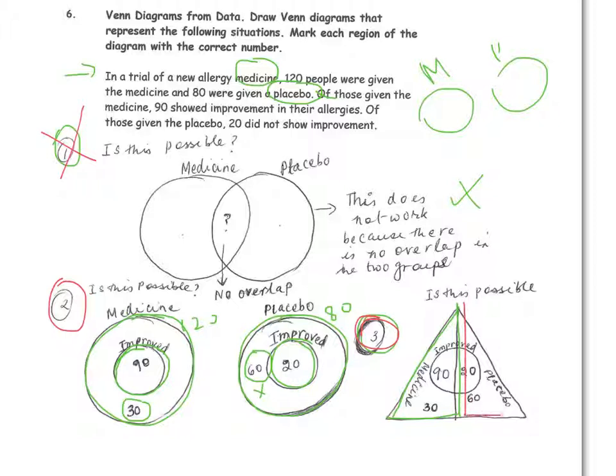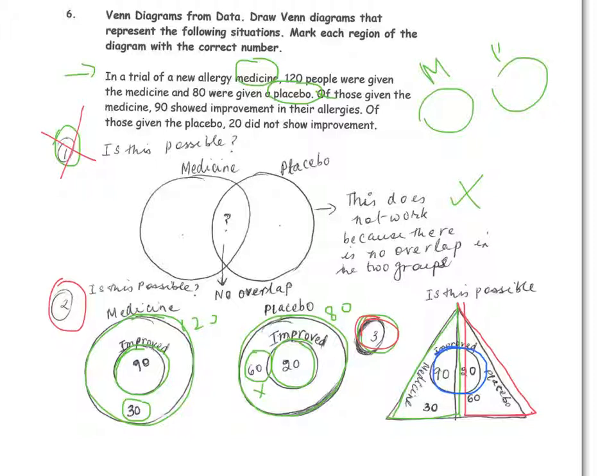This red triangle is all the people who took the placebo. And right in the middle, we have the people who showed improvement, and as you can see, that circle is partly lying inside the green triangle and partly lying inside the placebo triangle, which is the red triangle.